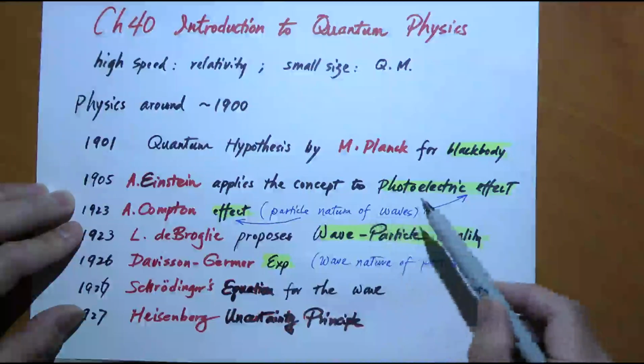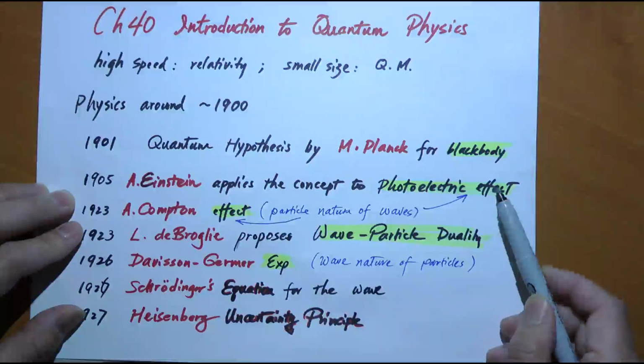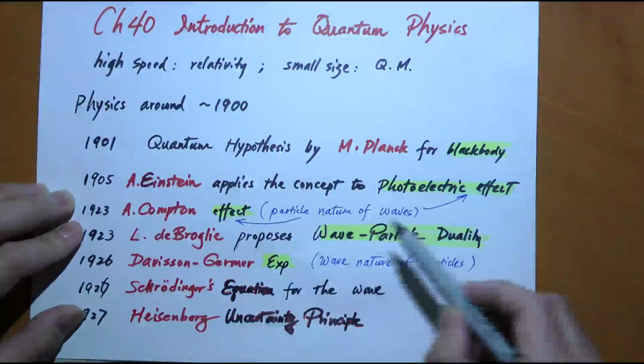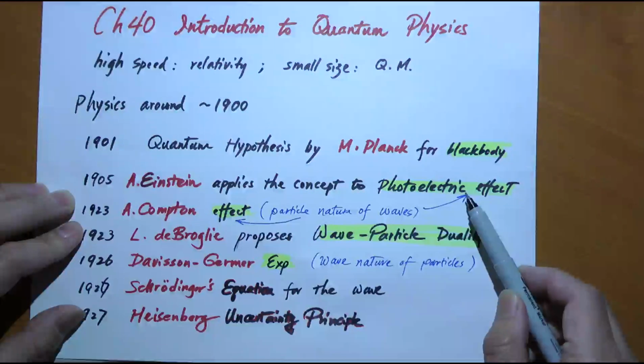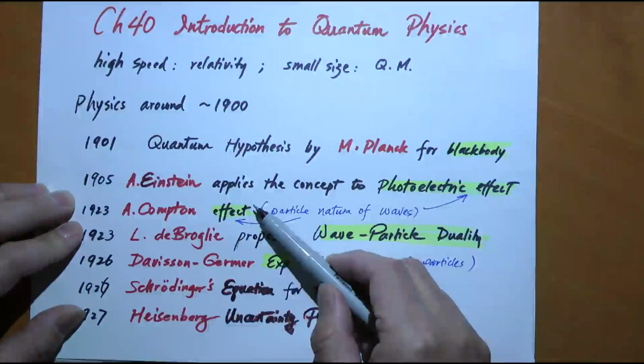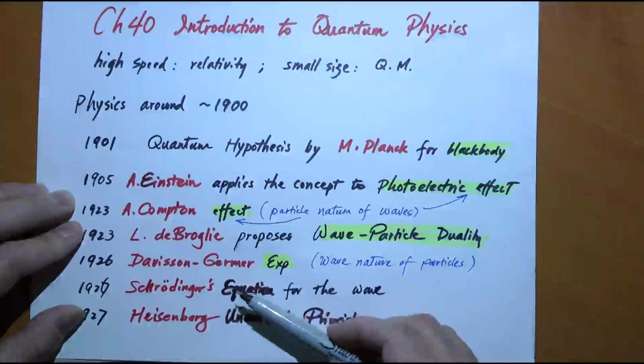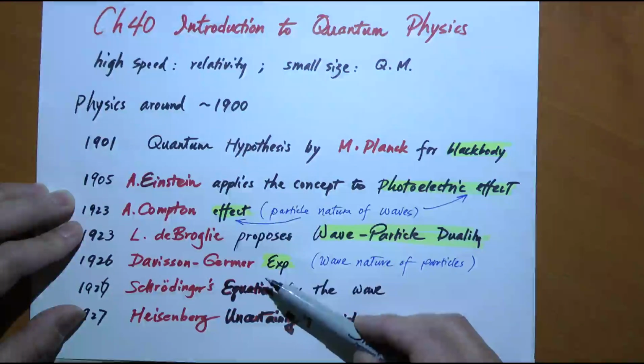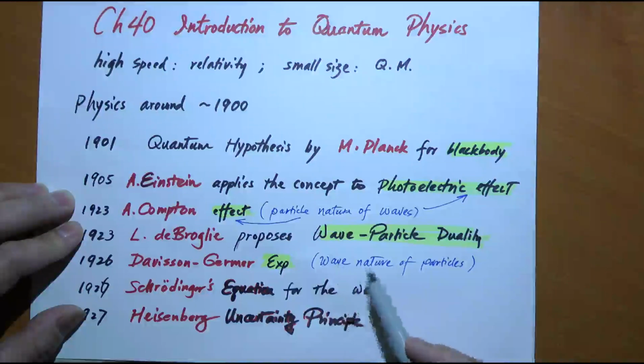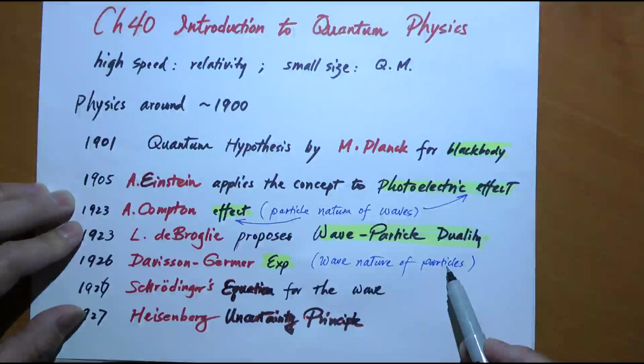Now, the photoelectric effect, you will see, is the so-called particle nature of waves. So is the Compton effect. There is another experiment done in 1926 which displayed the so-called wave nature of particles.